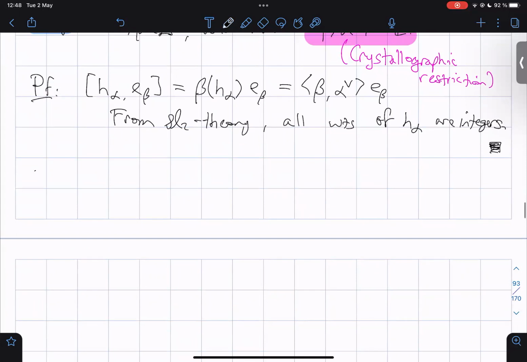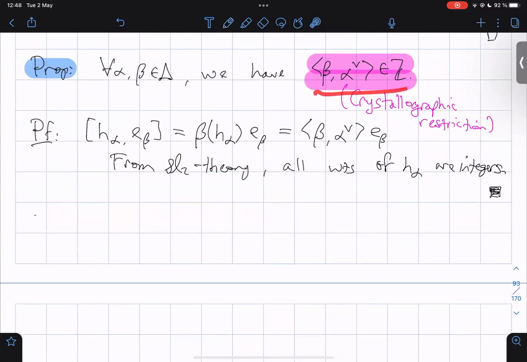This is really crucial for classifying which Dynkin diagrams are admissible, so that really comes up in that proof. For now, I'm just going to formulate this notion of a root string and then draw a picture to show you visually what's going on.